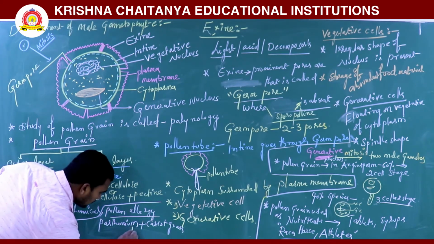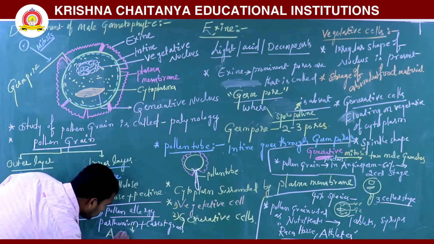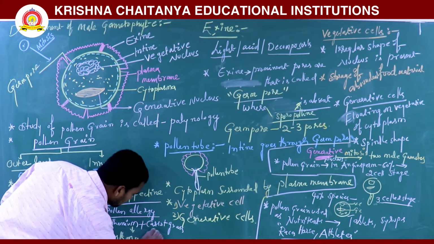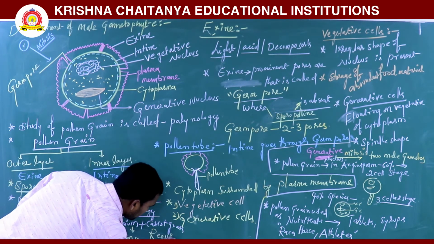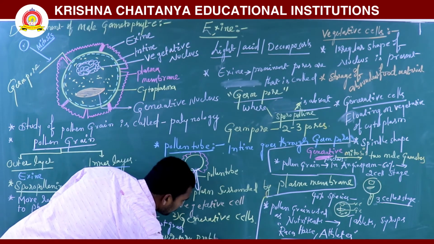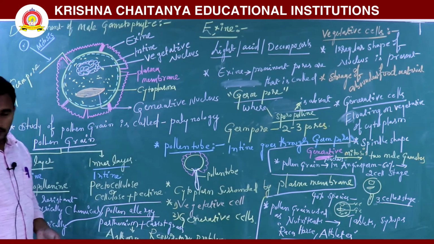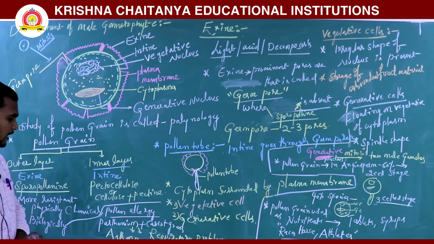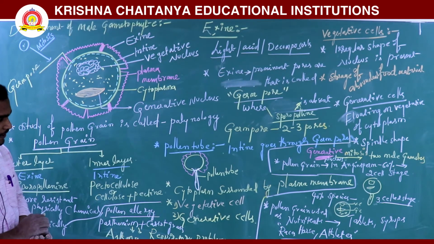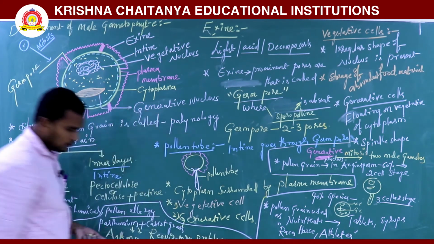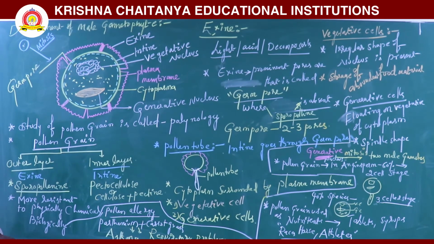They cause asthma and also respiratory problems. So parthenium and carrot grass generally cause asthma and respiratory problems.